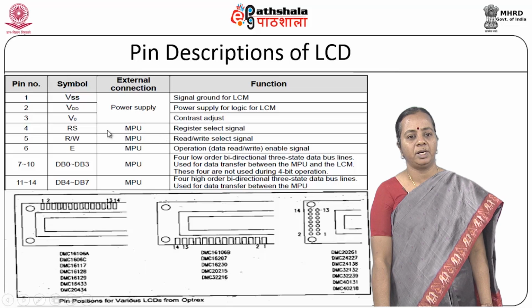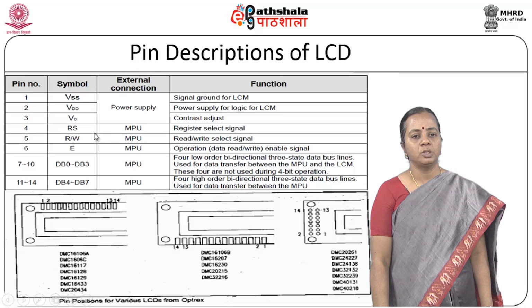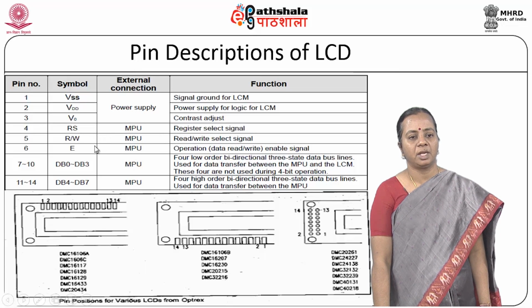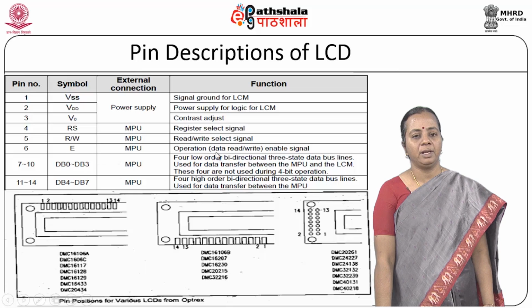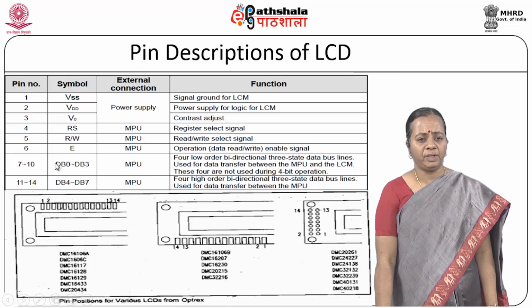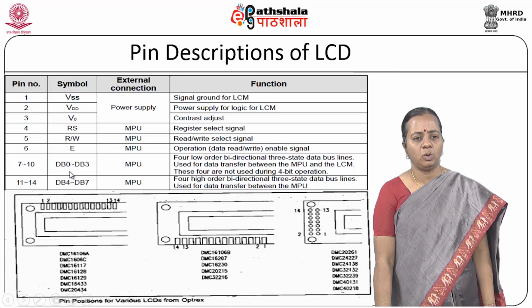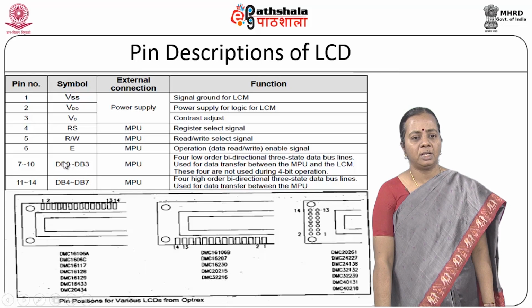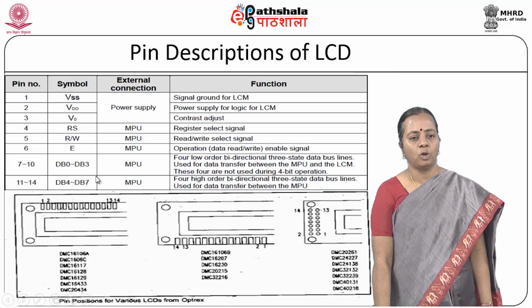This is discriminated by sending either 0 or 1 to RS of the LCD. Then there is the read/write select signal, and E, which is for enabling the LCD. We have DB0 to DB7, 8 bits of data pins, where pins 7 to 10 are the lower nibble and pins 11 to 14 are the upper nibble data pins.